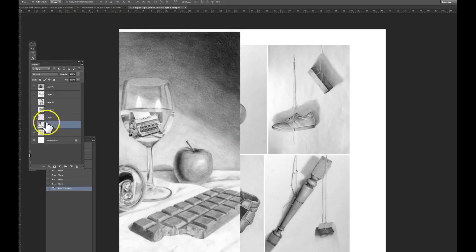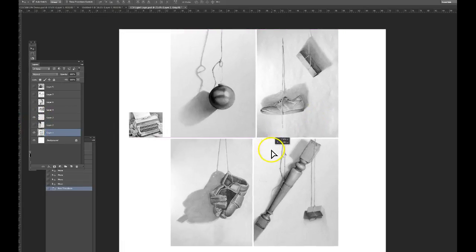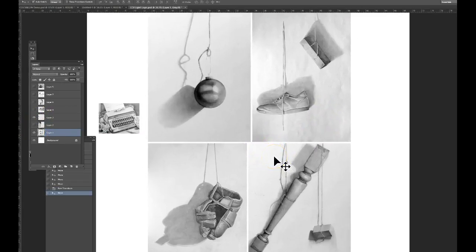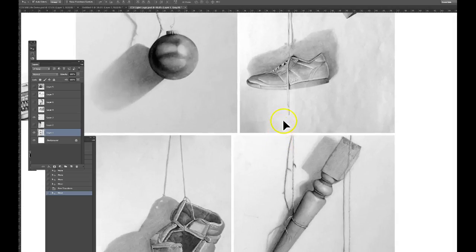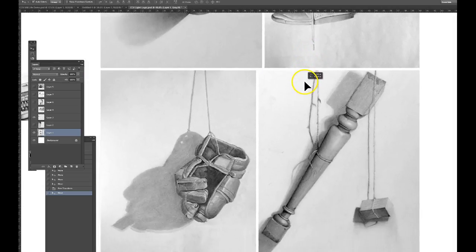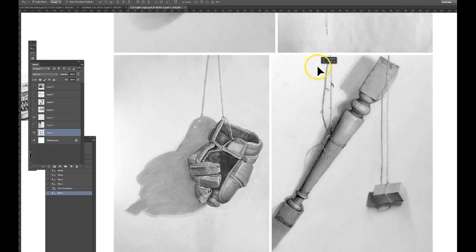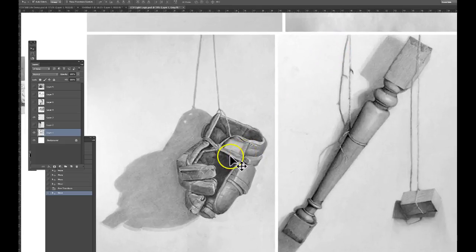Let's take a look here. Now this is an interesting complex still life idea, having something hanging and having a direct light source on that object.